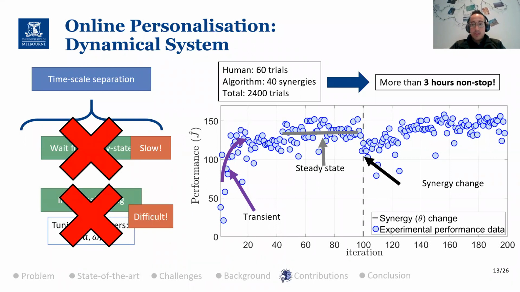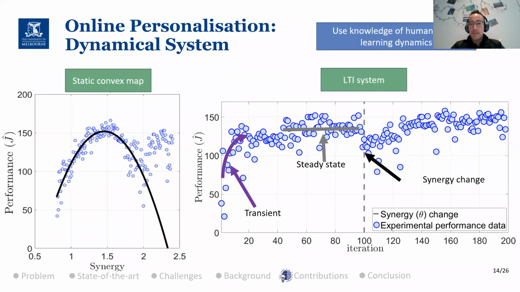So what can we do instead? Well, we can take advantage of what we learned from these previous experiments in terms of what we see people do. And these are examples, but we observe it in the group of people that we tested with. You have that sort of static convex map once people have learned the task and they've done this sufficiently.